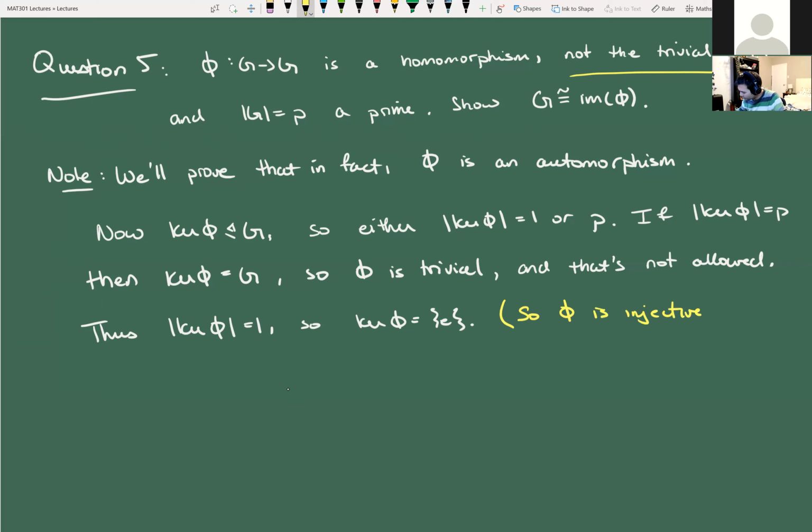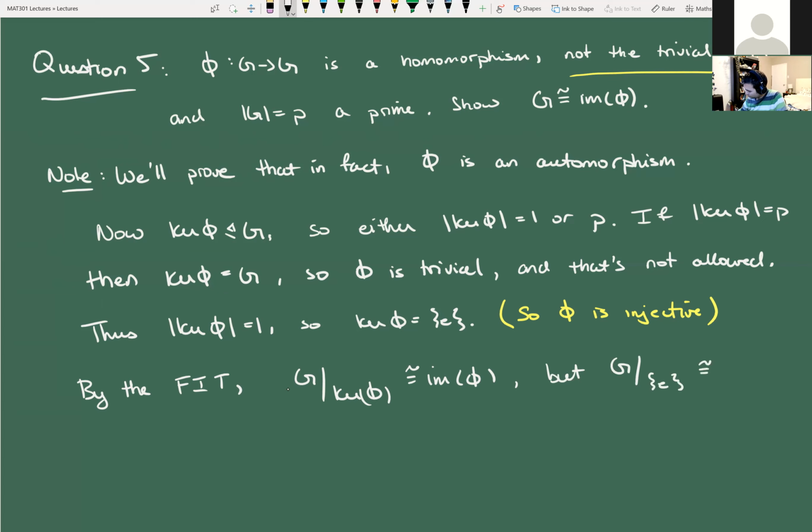By the first isomorphism theorem, G mod its kernel is always isomorphic to its image. But the kernel is trivial, so when you quotient out by the trivial group, you just get your group back. So G is isomorphic to its image. And we're done.